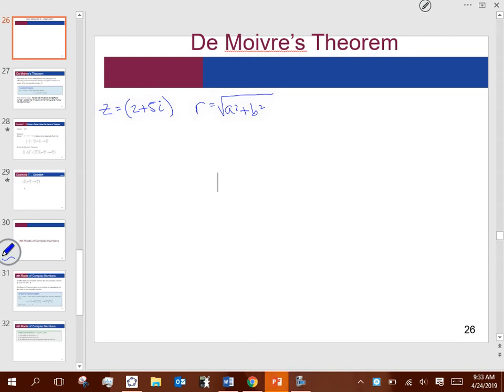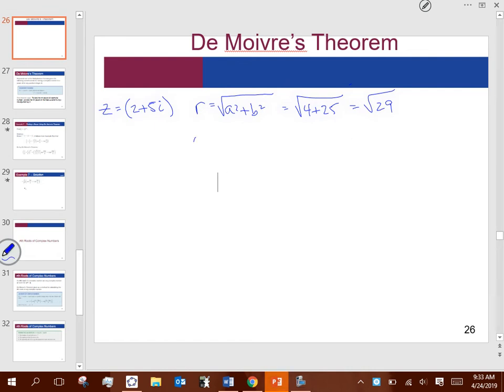The i part is more of an identifier to tell you that that's the imaginary component, but you don't do anything here with the i in regards to the radius. Okay, so when we find that, it's going to be the square root of 4 plus 25, right? So root 29, there's your r value.